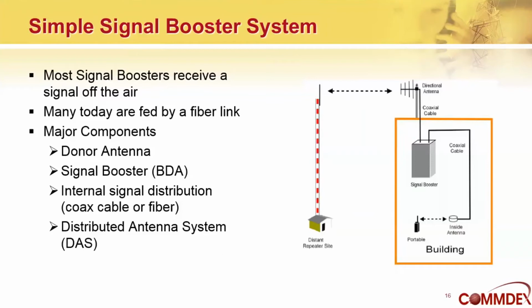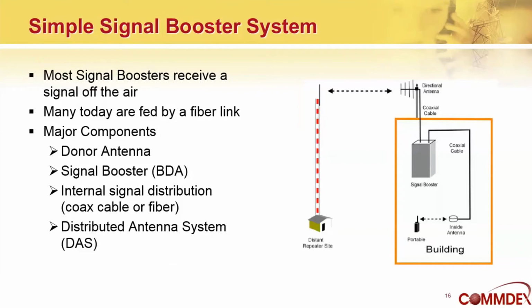So we'll take this signal through a directional antenna, typically like a Yagi type antenna, pointed towards the closest system or repeater site. Bring that signal into the building, send it into the signal booster amplifier, and then it will distribute it through the building. It may be initially through fiber optics or it may be through coaxial cable. Eventually it will turn into coaxial cable and feed antennas within the building.